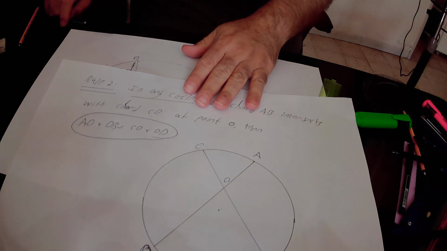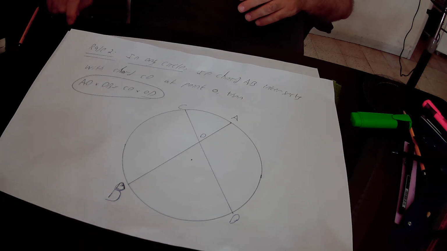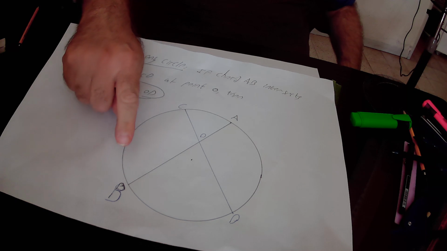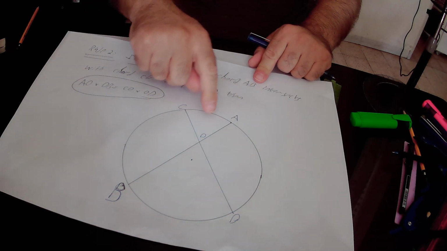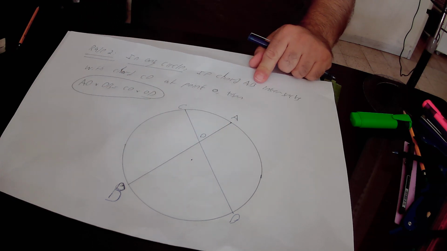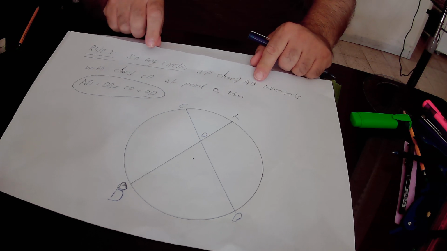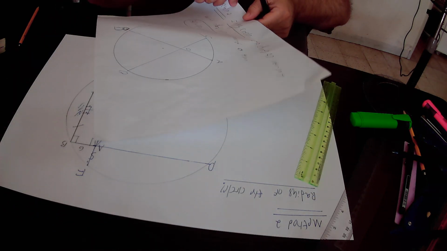According to rule number 2, which is true in any circle, if we have chord AB that intersects with chord CD at point O, then AO times OB equals CO times OD. So we can implement rule number 2 in our drawing.